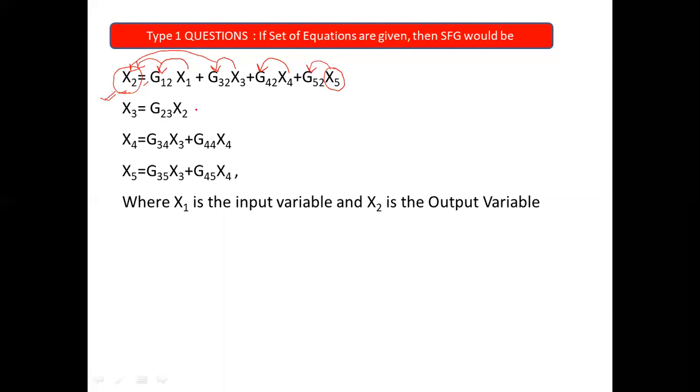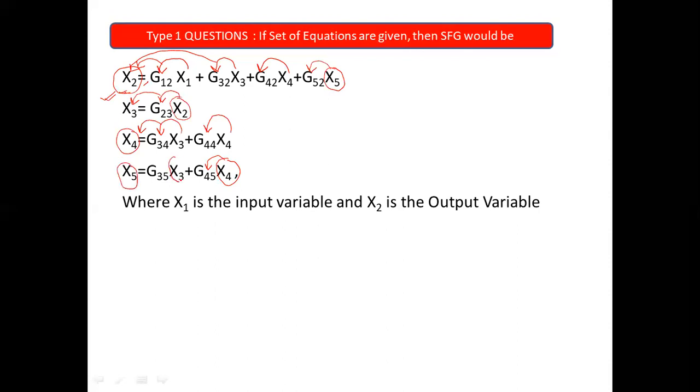Likewise, when we consider equation number 2, when x2 is multiplied by g23, we get x3. There is another equation where x4 is multiplied by g44 and we get x4. Likewise, x3 is multiplied by g34 and we get x4. In the last equation, x4 is multiplied by g45 and we get x5.